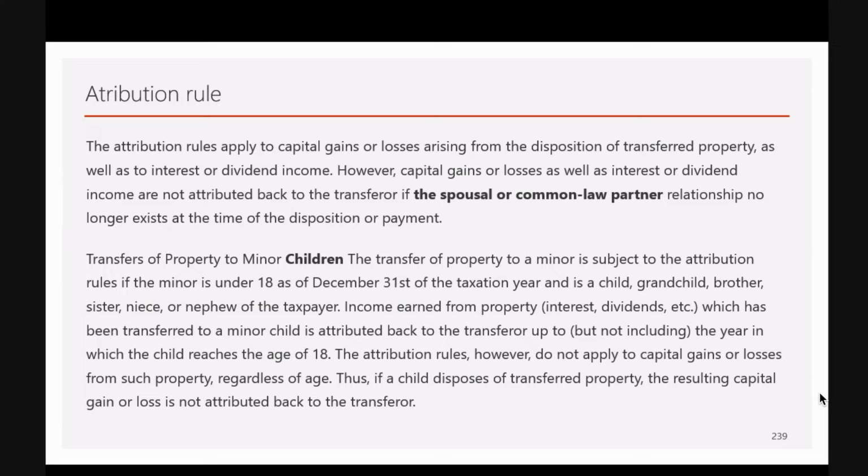The company gives it to the employee, so you cannot attribute it back to another family member.